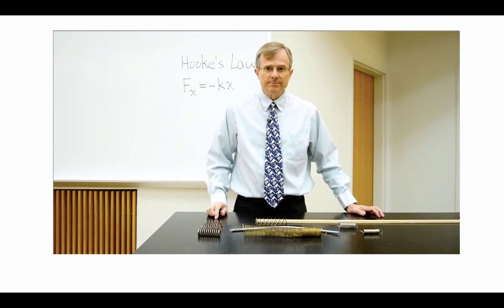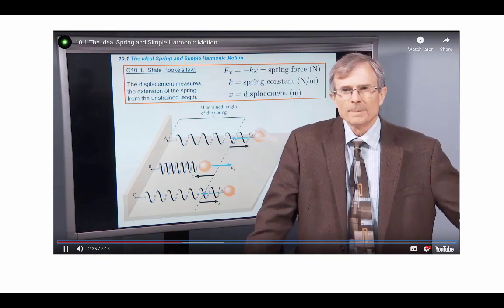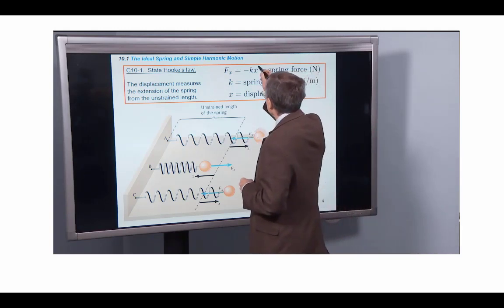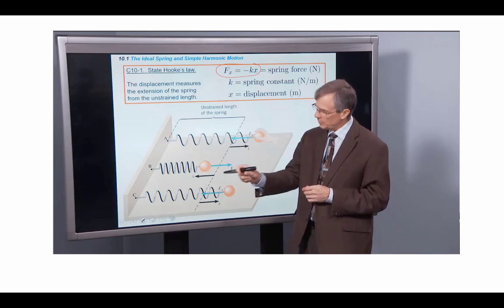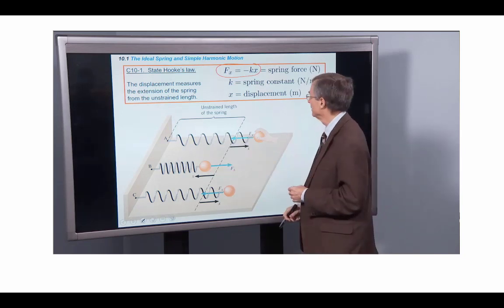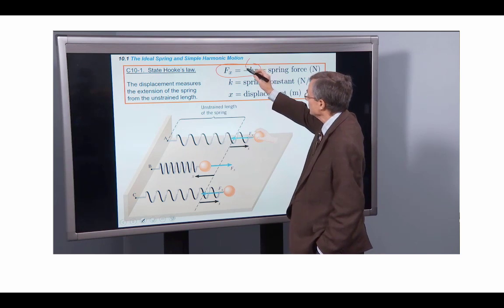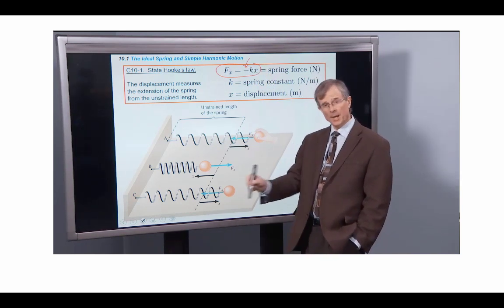That's Hooke's law. The force exerted by a spring on your hand when you stretch or compress it is given by a negative sign, and that tells you that the force is in the direction opposite the displacement.